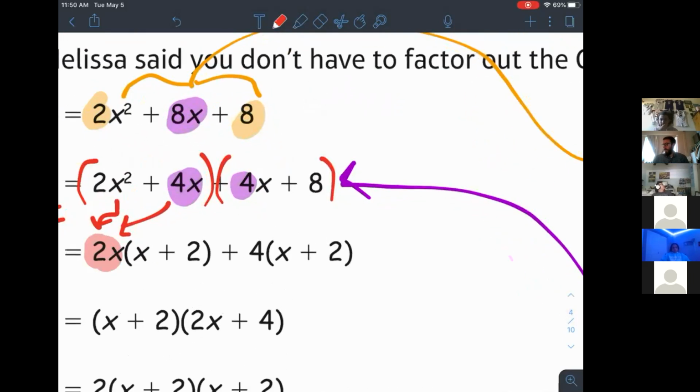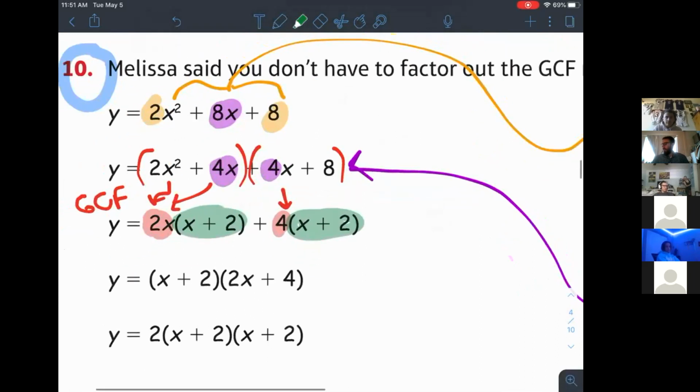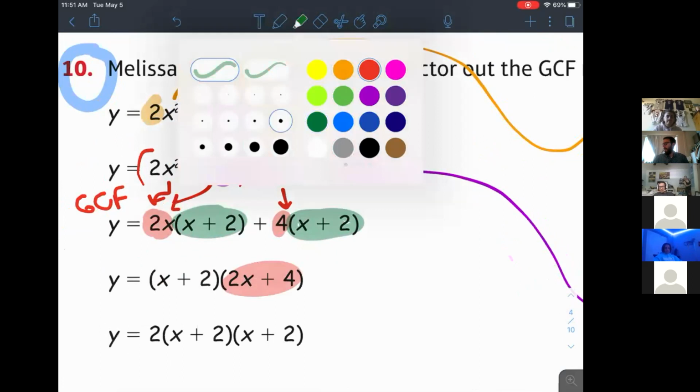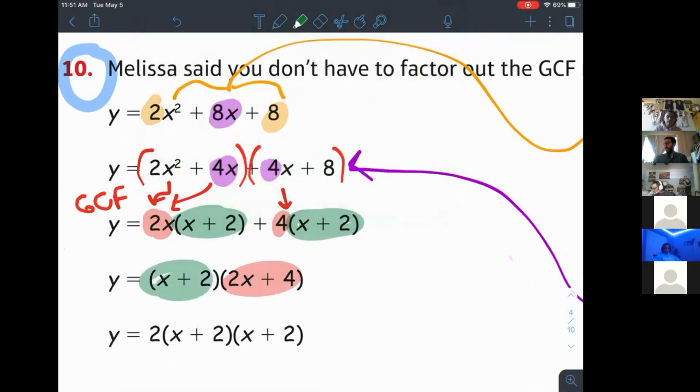What's the GCF of the second group? What can I divide both 4x and 8 by? 4. And look at this glorious thing that we just found, that both of our parentheses currently being highlighted in green are what? The same. So then she could take her 2 GCFs in red, oops, wrong one, and combine them, stack them in multiplication, with the x plus 2.